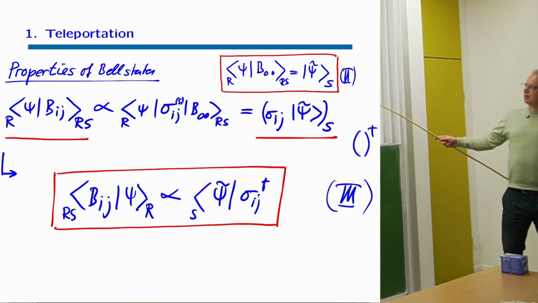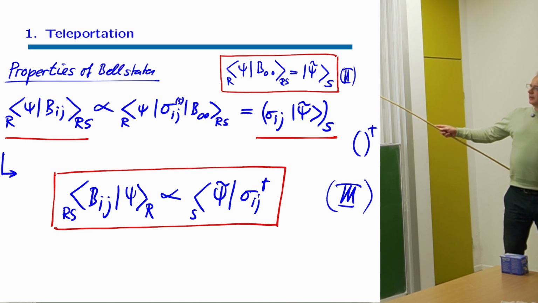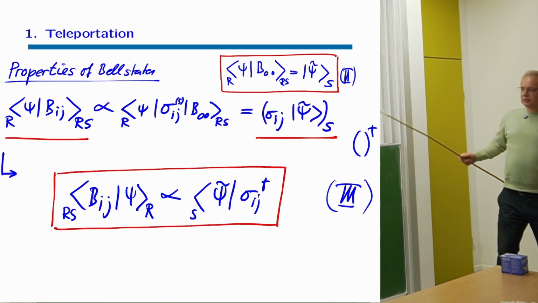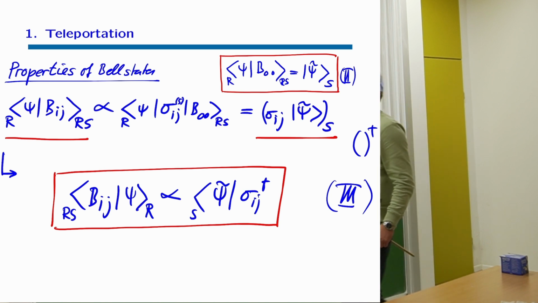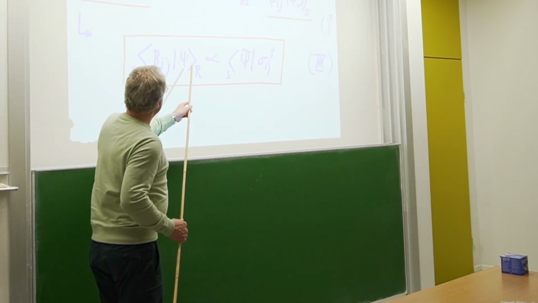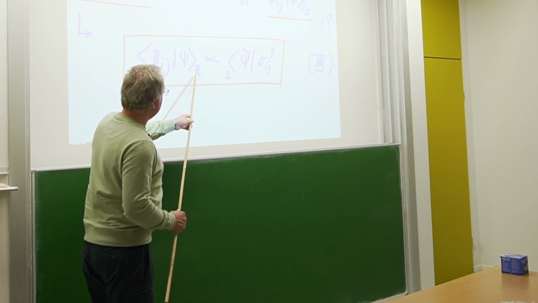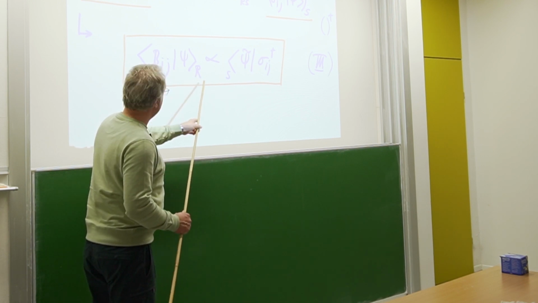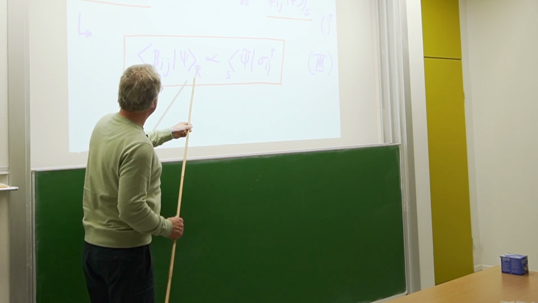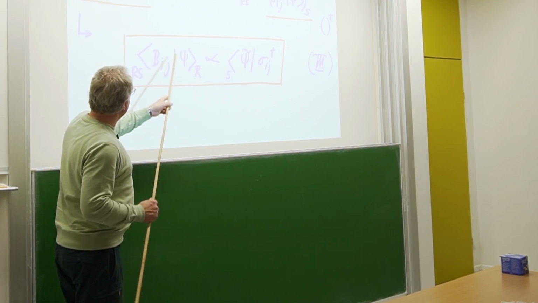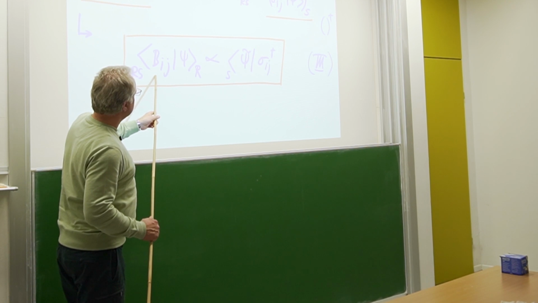So this is what describes the first measurement. You have a state here, psi on system R, or that will be one of the particles at A. We will get to that shortly, and we are performing a Bell measurement on it.